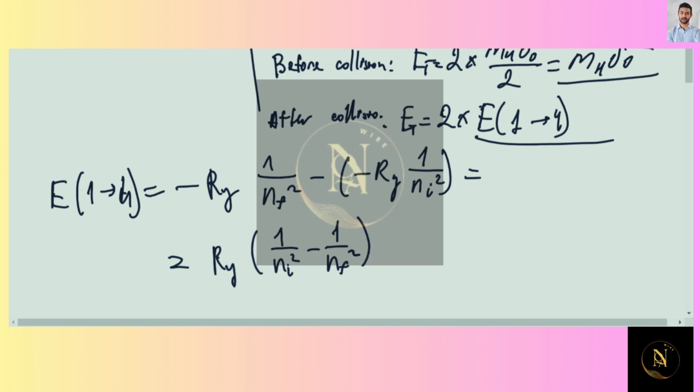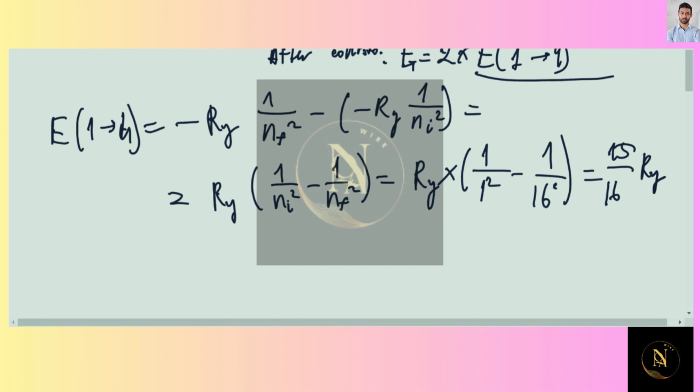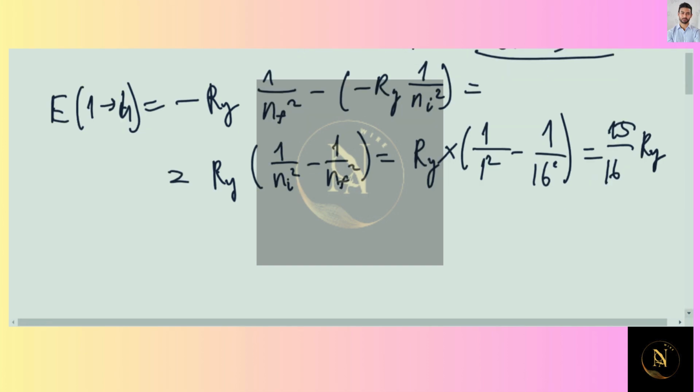Which is going to be Rydberg constant multiplied by 1 over 1 squared minus 1 over 16, which equals 15/16 of the Rydberg constant. So now we can complete this question.